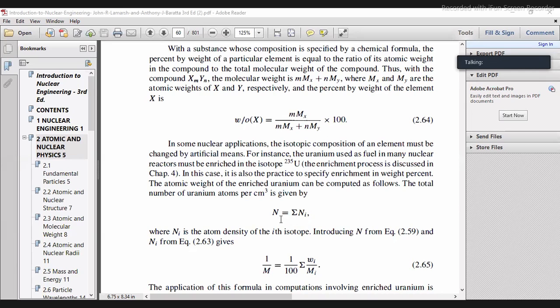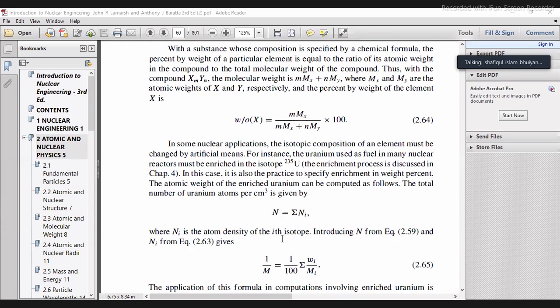So this will be the summation of all the number densities of, say, oxygen. You add up all the isotopes together and you get the number density of oxygen, or the number density of uranium, U-235, U-236, so this will be the number of isotopes of uranium.